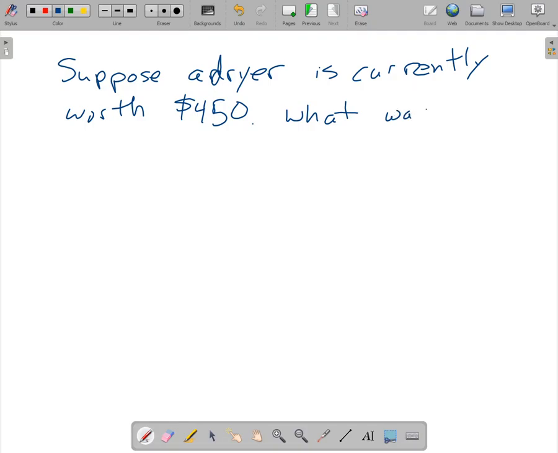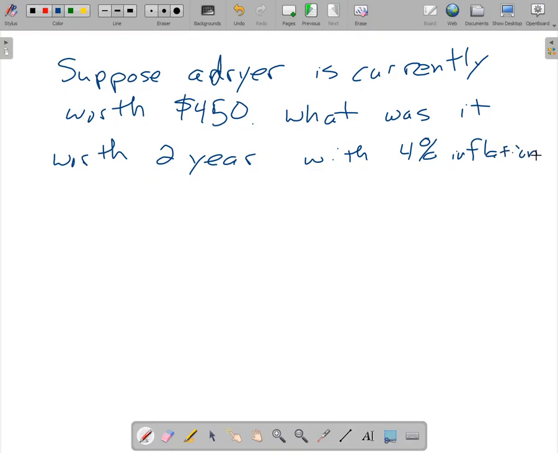Are we still using the books? Still using 4%. Yeah, still using 4%. So what was it worth 2 years ago with 4% inflation? All right, so this is like the last problem, but there's an extra step in it.